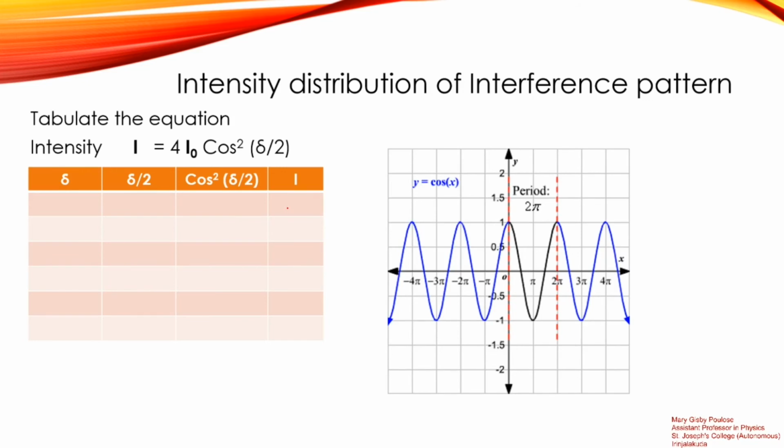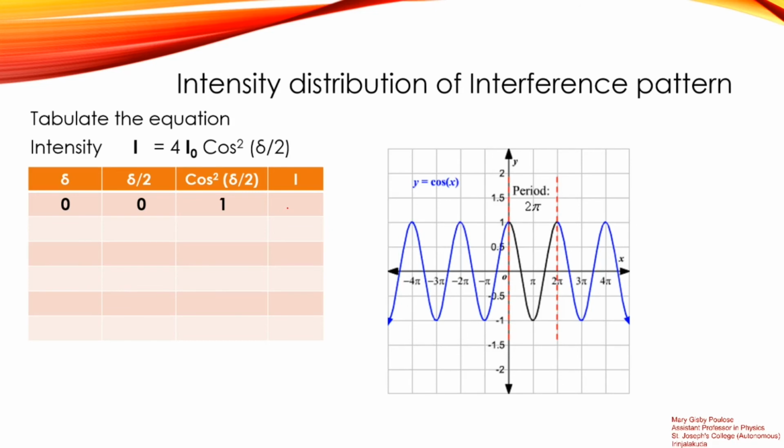Now to calculate the phase difference, I have given the reference value of cosine curve on the right side. First, let us consider what happens when phase difference is 0. Here, delta by 2 is 0. Cos square delta by 2 gives cos square 0 gives 1.